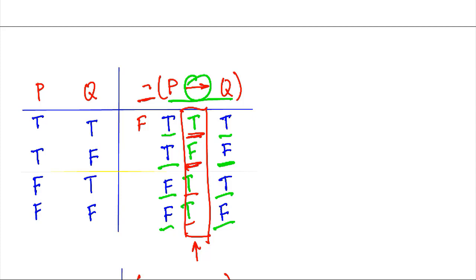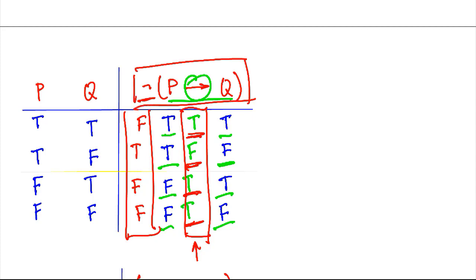We have false here, so this is going to be true. True there, so this is false. And true here, so that's false. Okay, not a very good column, but what we've figured out is that for this whole sentence, it's not the case that P arrow Q, the sentence is only true when P is true and Q is false. Otherwise, the sentence is false.